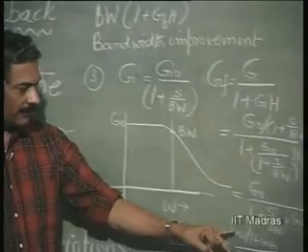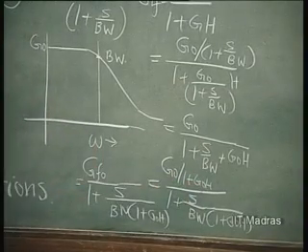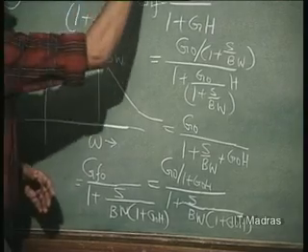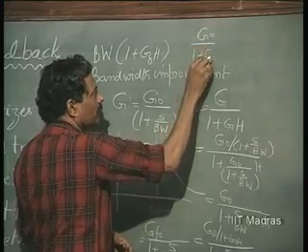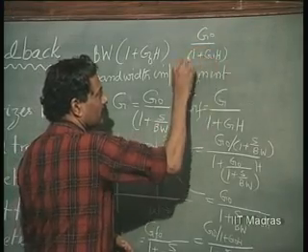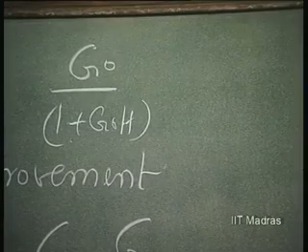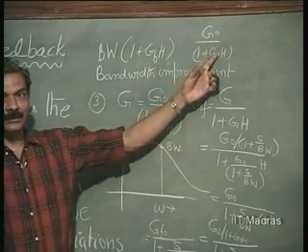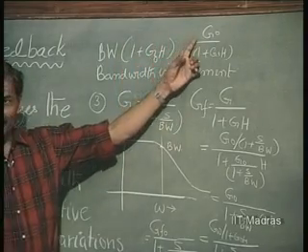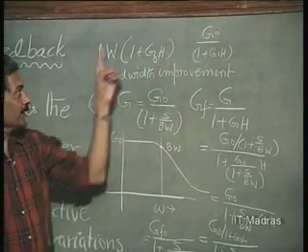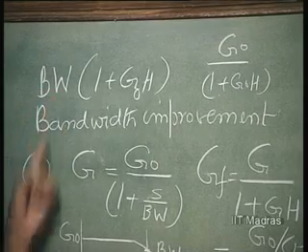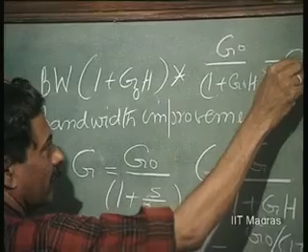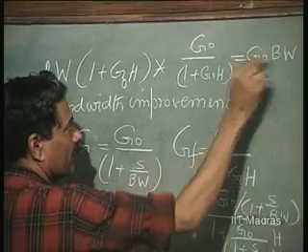This G naught divided by 1 plus G naught H is the gain after feedback, and this is the bandwidth. Gain into bandwidth is a constant, G naught into BW. So, this factor is always a constant equal to G naught into bandwidth.